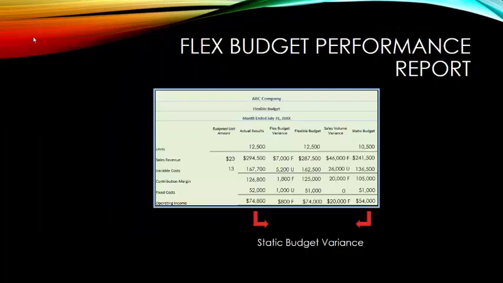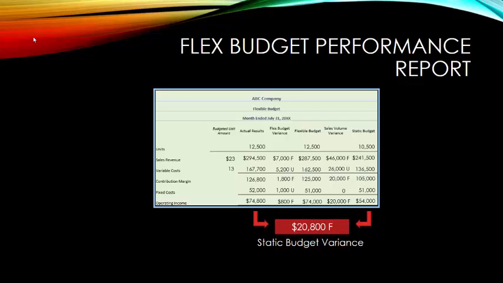And with that information, we can compute our static budget variance, and that's just the difference between our operating income on our static budget and our actual operating income from our actual results, and that difference is $20,800. So what does this all mean?